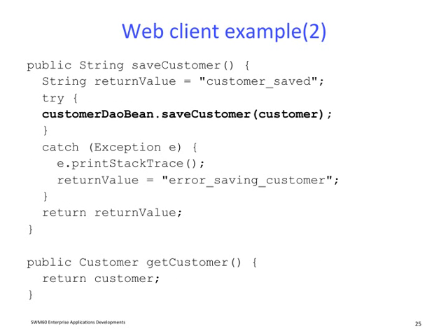So to save the customers, have a method save customer, specifying the return value is customer saved if everything goes okay, and invoke save customer providing the customer object of the customer data access object bean.